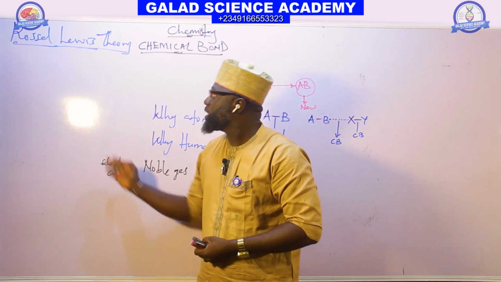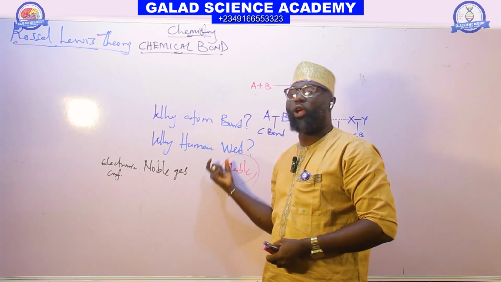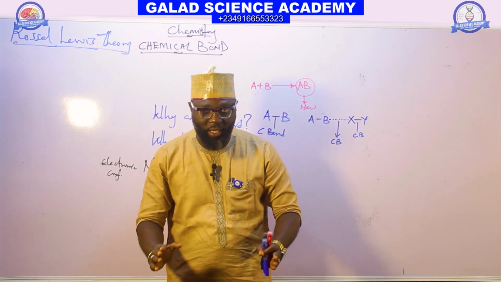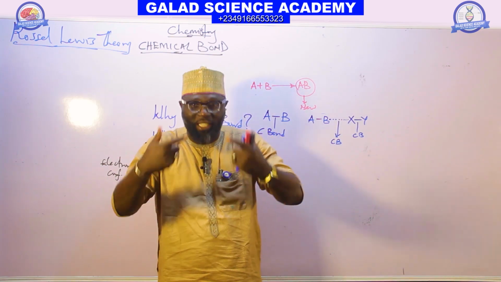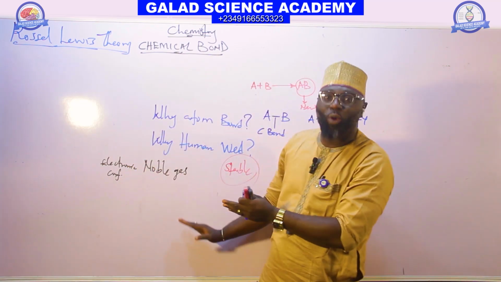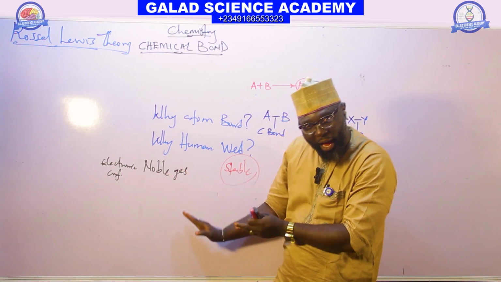That is the solution for this question: why is it that atoms are involved in bonding? All atoms participate in bonding in order to become a stable molecule, in order to become a stable element.